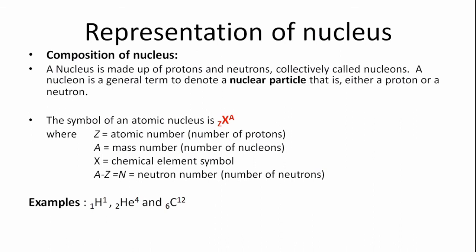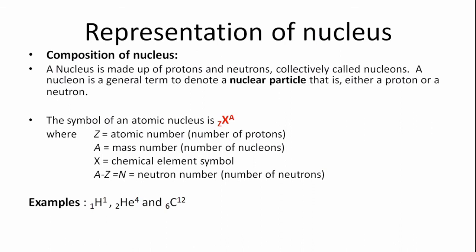Z is represented in the subscript, and A is represented in the superscript of element X. In the case of hydrogen, we have one proton only, and in the case of helium, we have two protons. So its atomic number Z is equal to 2, and it has a mass number of 4.